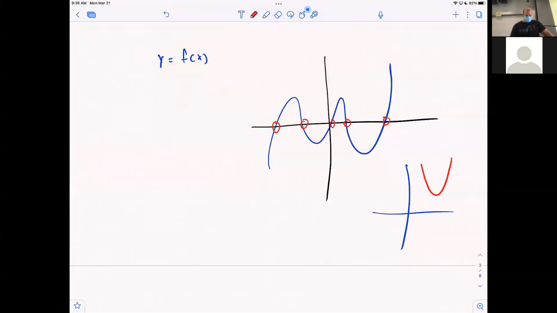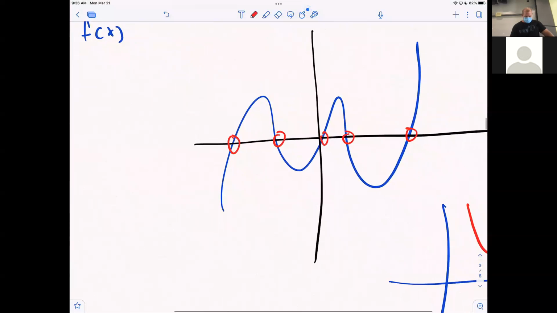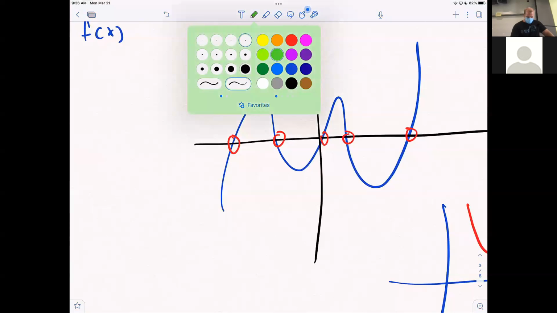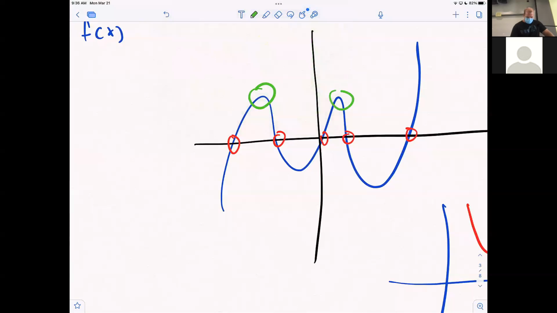A couple other things when you look at functions: these areas right here are known as local maximums, and these here are local minima. For both of these, the derivative of the function equals 0.